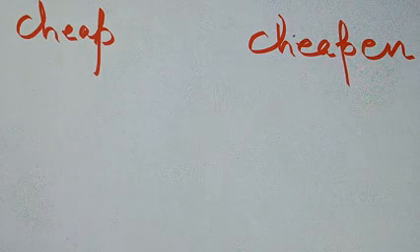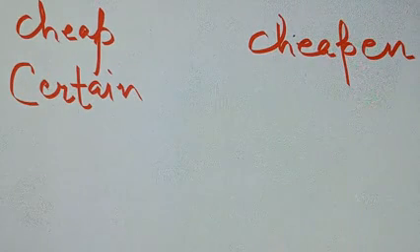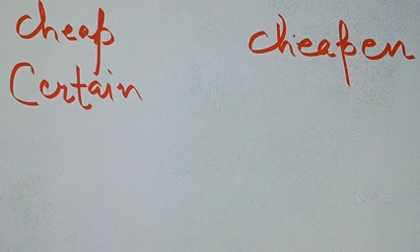Now certain is again a word. Why am I using it as an adjective? Yes, it's an adjective only, when we use it like this: I know certain people who are very good in English.